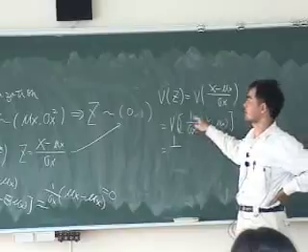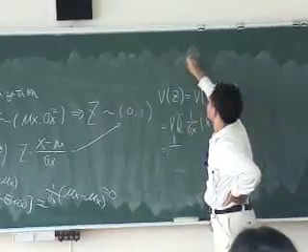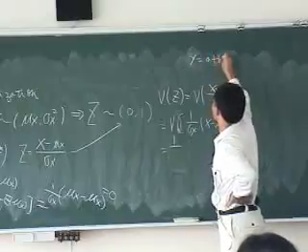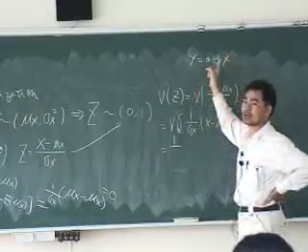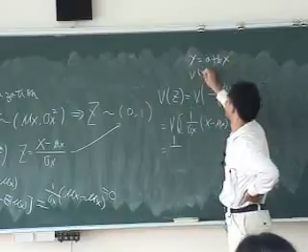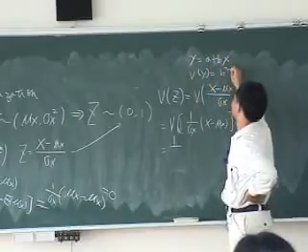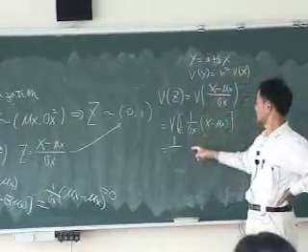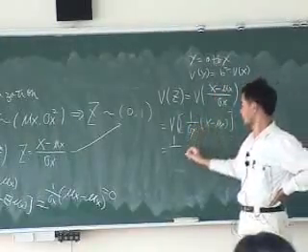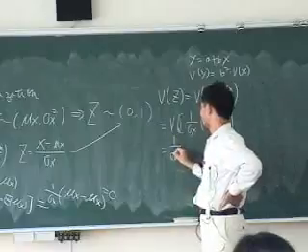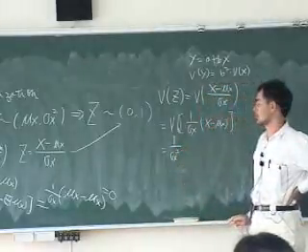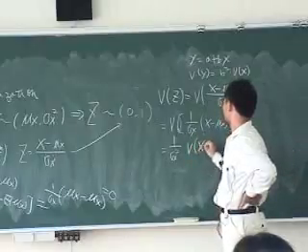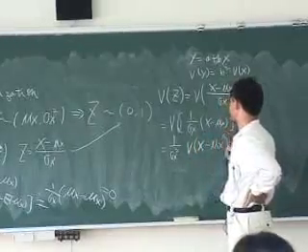We say Y equal to a plus bX. When you get V of Y, what do you get? b squared V of X. So you should have 1 over sigma x squared, and here you have V of (X minus mu x).